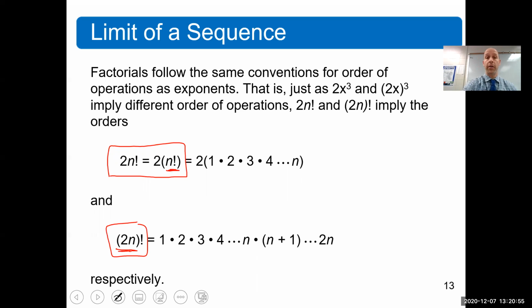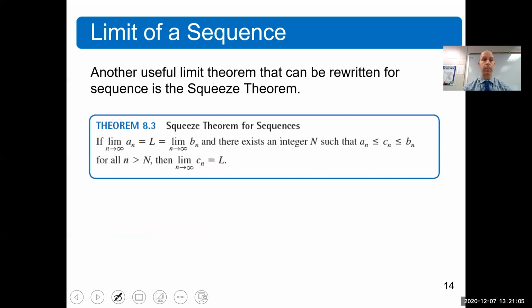So let me make sure I'm saying this again: the same convention of order of operations as exponents, so it's a higher precedence than multiplication.